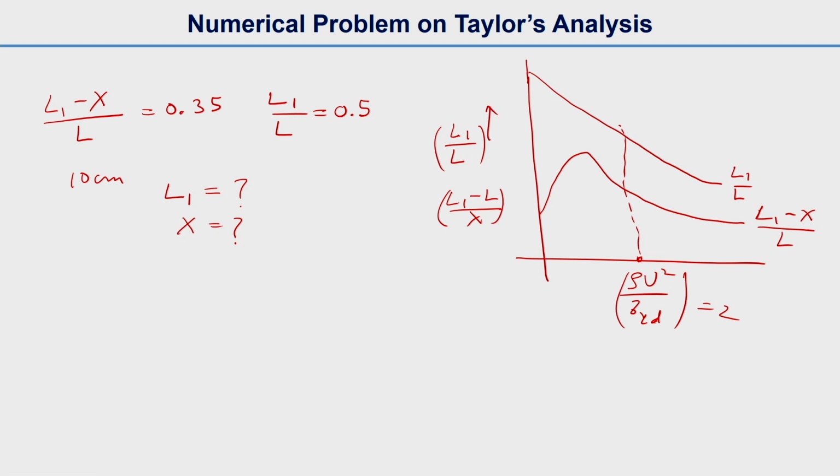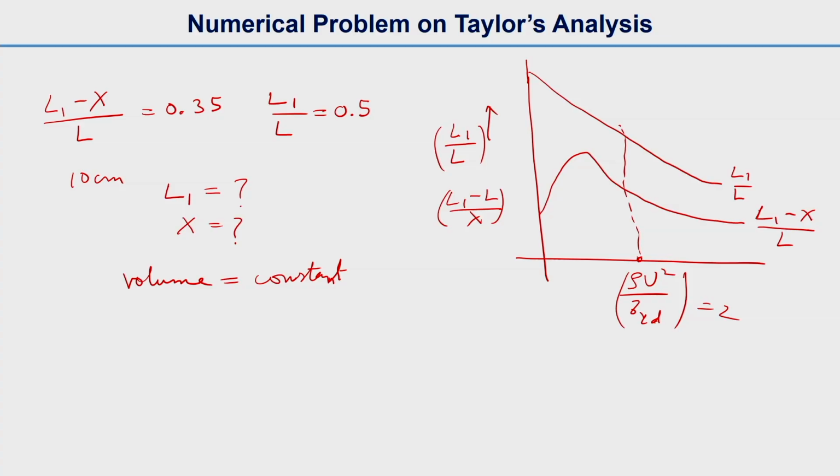Then we have to find the diameter as well, because what you can do is you can assume that the volume will be constant. After the impact, this portion we keep as x, and this part will be L1 minus x, and the total distance is L1.